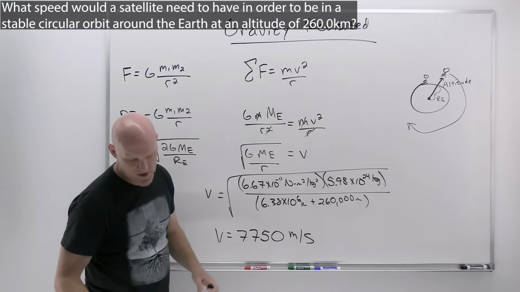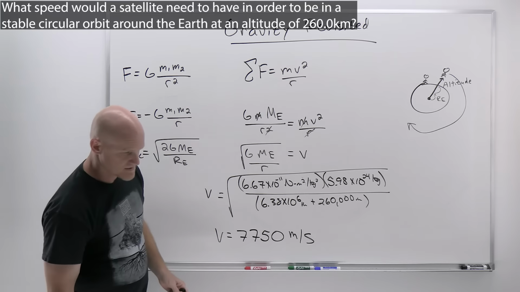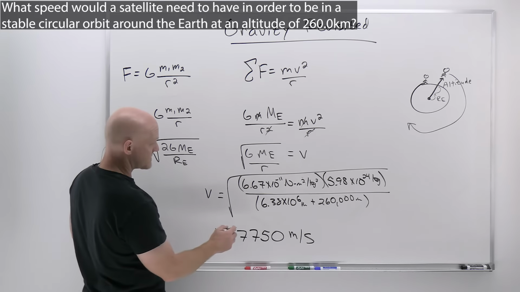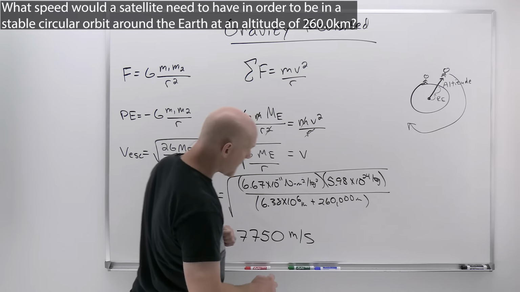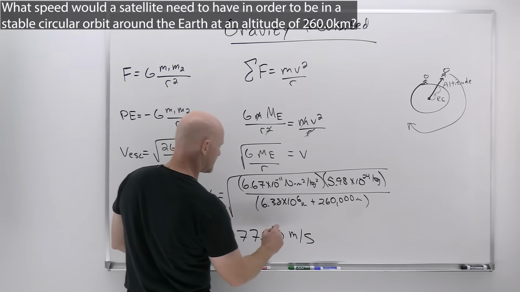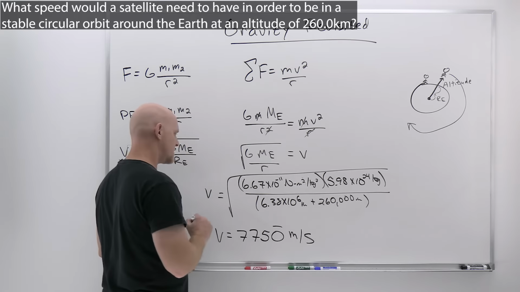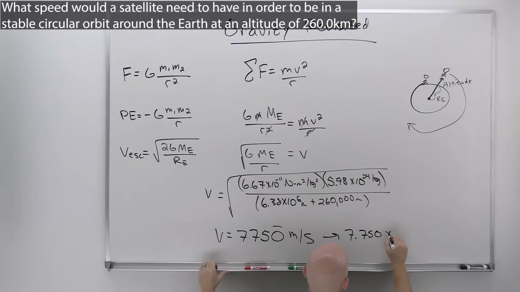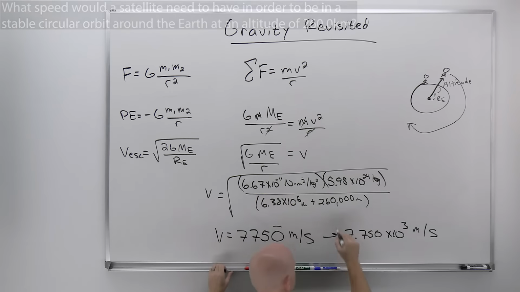If we look back at the question, it looks like we actually want 4 sig figs. Should I take this out one further? It would actually be 7,750.49, which means I'll leave this rounded down. And whether I put that over the 0, which again is not my favorite, I'd make this 7.750 times 10 to the 3rd meters per second.